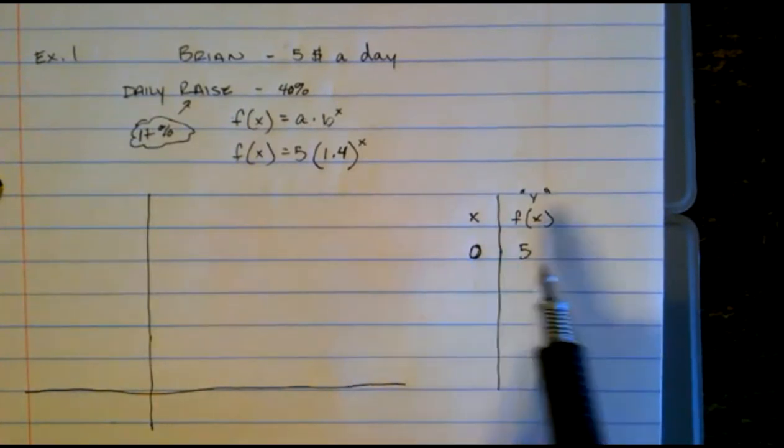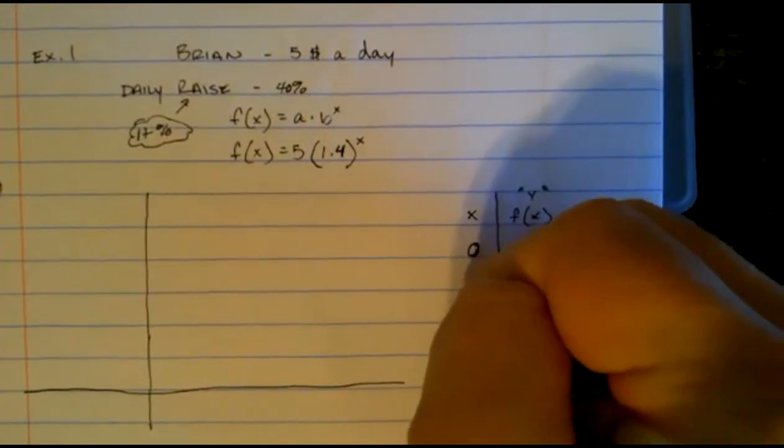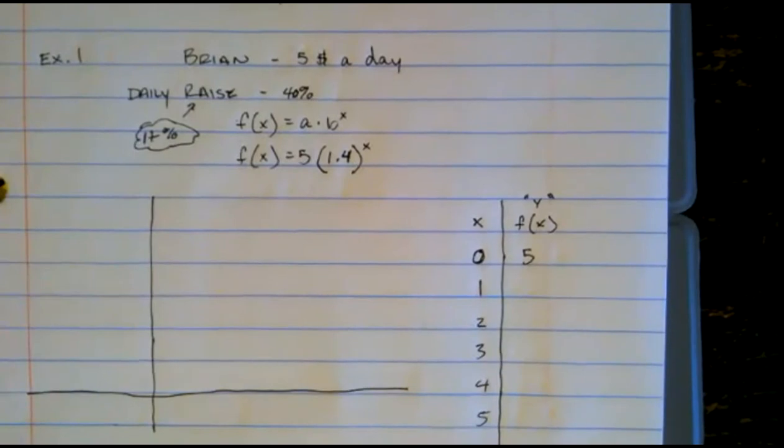Then we start to build our table. Let's just use 1, 2, 3, 4, 5 to see if we can get some movement out of it. Now, I'm going to go ahead and switch over to Desmos and show you how I would be entering this. You can use a different calculator, and that's fine. You should have the Inspire.